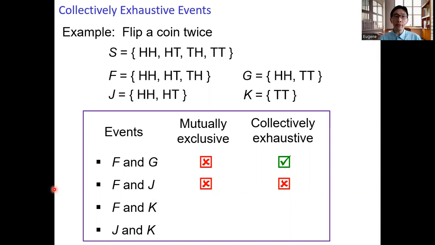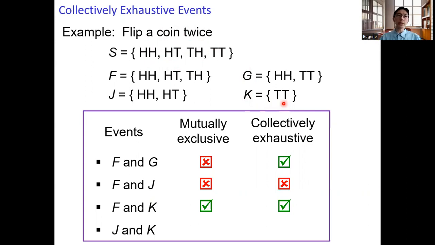How about events F and K? Events F and K are mutually exclusive because there is no sample point in common. And these two events are also collectively exhaustive. Combining event F and event K, all the sample points in the sample space are either in event F, event K, or in both events.